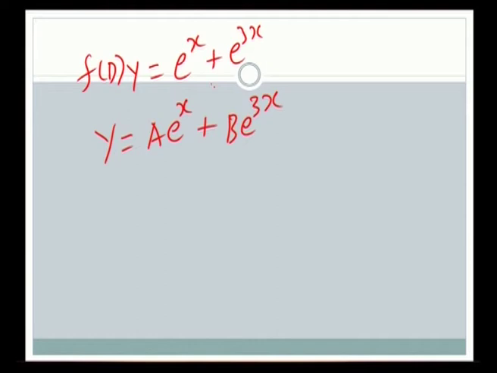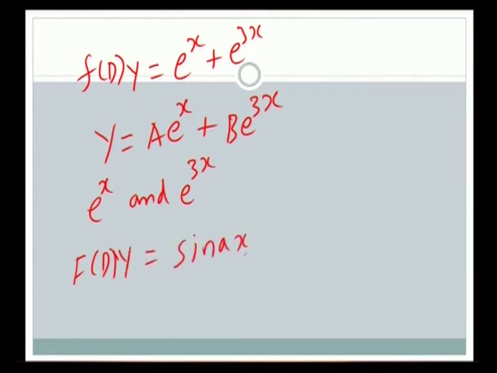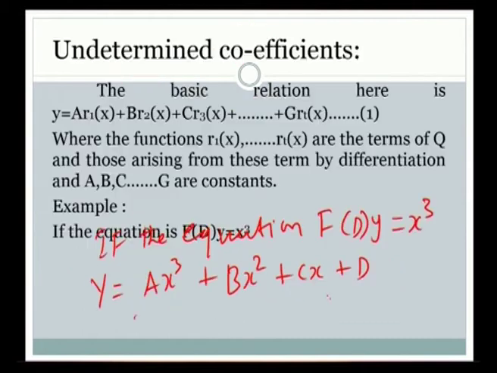Now, new terms are obtained by differentiating this e^x and e^3x. If the equation is f(D)y = sin ax, we take y = a sin ax + b cos ax. So, this is how we need to set the function for different equations.